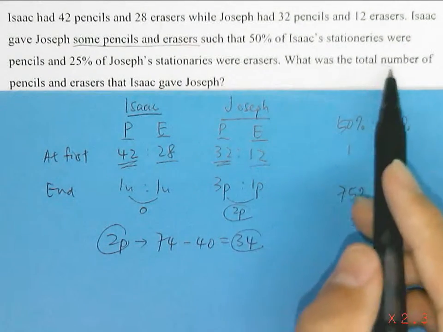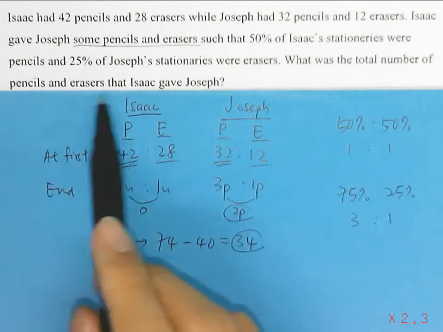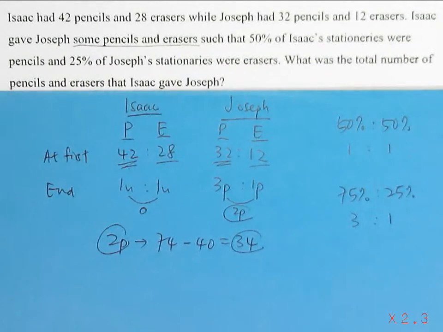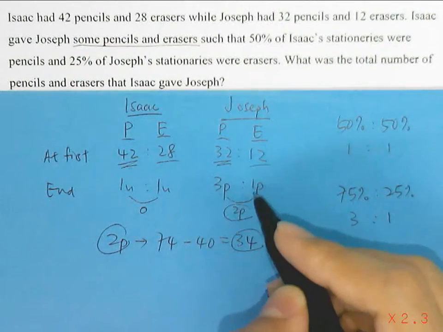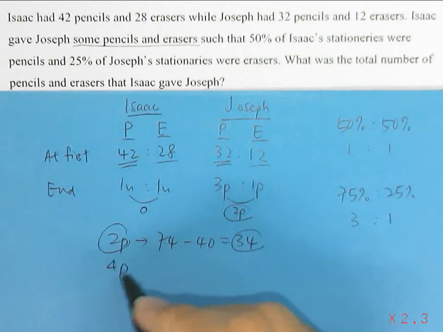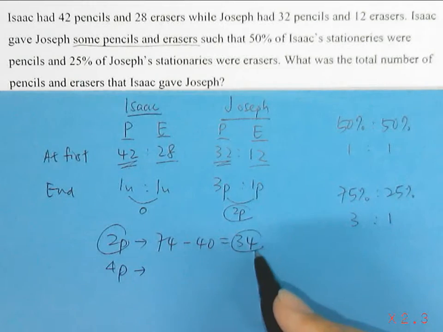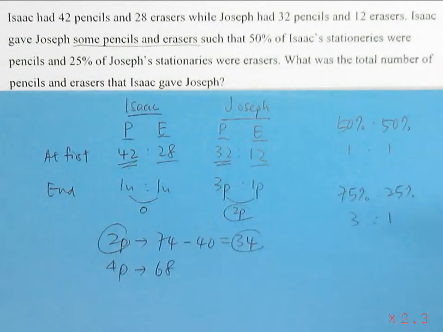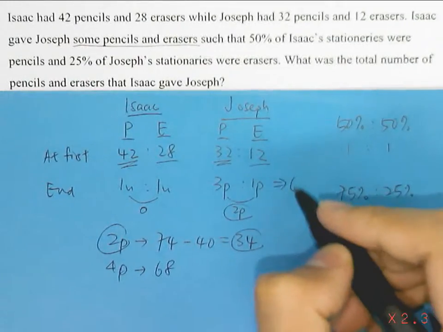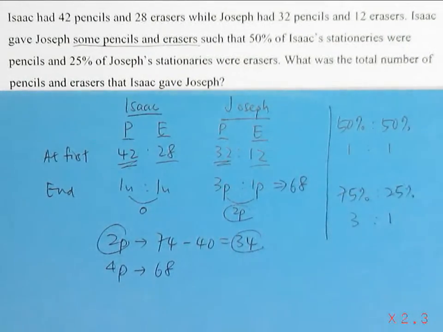The question asks us, what is the total number of pencils and erasers that Isaac gave Joseph? So now we would like to find out what is the total amount of stationaries which Joseph had in the end. In the end, he had 3 parts plus 1 part, so that will give us 4 parts. So 4 parts of stationaries would be 34 multiplying by 2, giving us 68 stationaries. So in the end, Joseph had 68 stationaries.